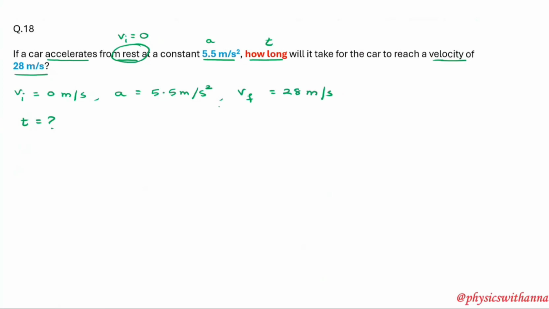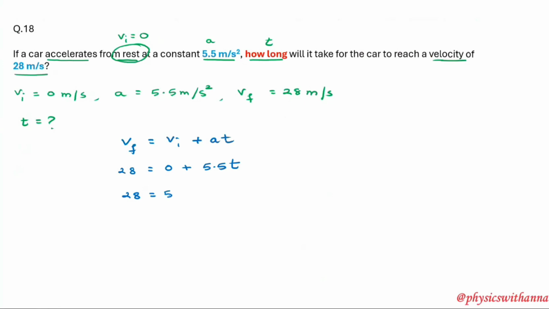So now in this question, we have the final velocity. I need to find the time t. So we apply the same rule: V final equals V initial plus A into t. Now substitute everything that is given to you. V final is 28, V initial is 0, acceleration is 5.5. I want to find time t. So this becomes 28 equals 0 plus 5.5 times t. You add 0 to anything, it will be the same number.